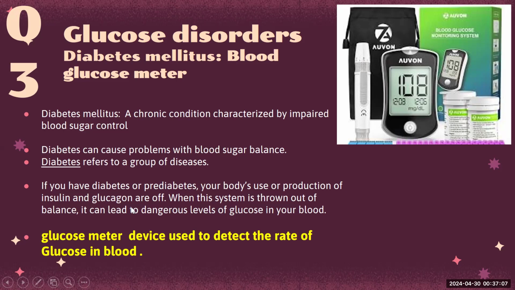When a person is diabetic or has diabetes, what happens is that your body's use of insulin and glucagon is off. So we cannot control the usage of glucose or even glucagon. How can we detect that? We can detect it with a glucose meter, which is a device that detects the rate of glucose inside our blood.